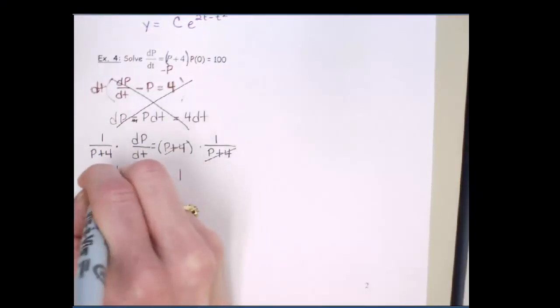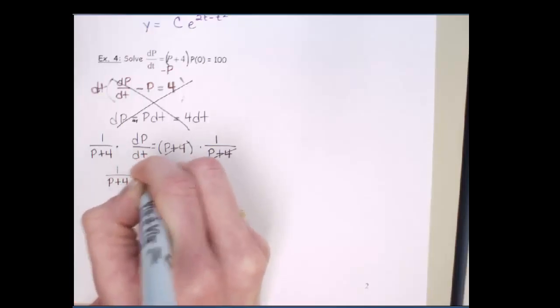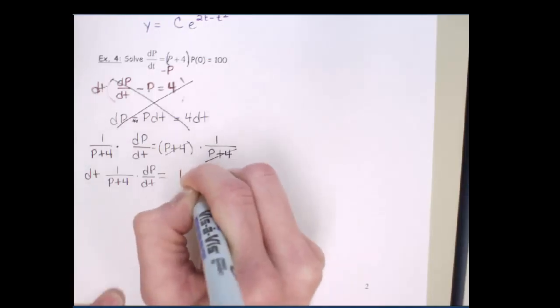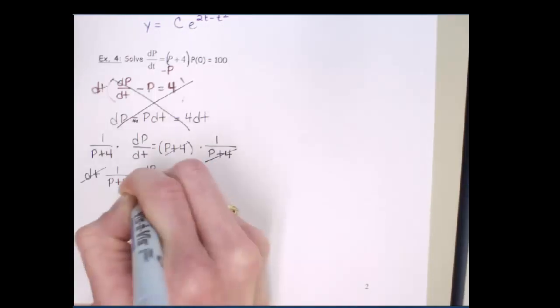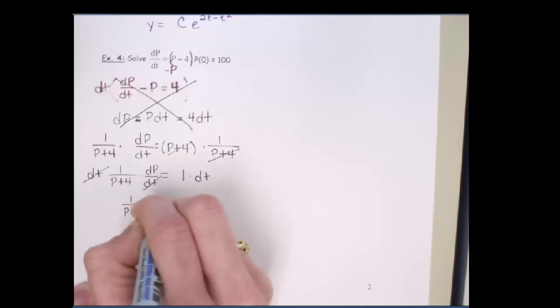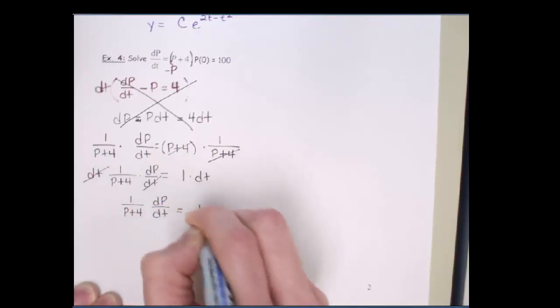So now we have 1 over p plus 4 times dp dt, and we can multiply both sides by dt. And this way, the dt's just cancel out on the left. So we have 1 over p plus 4 dp equals 1 times dt.